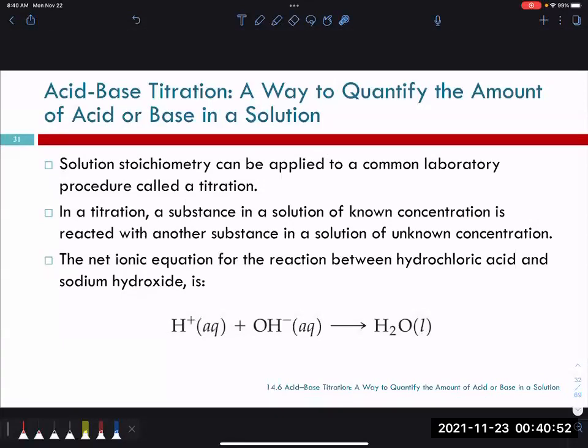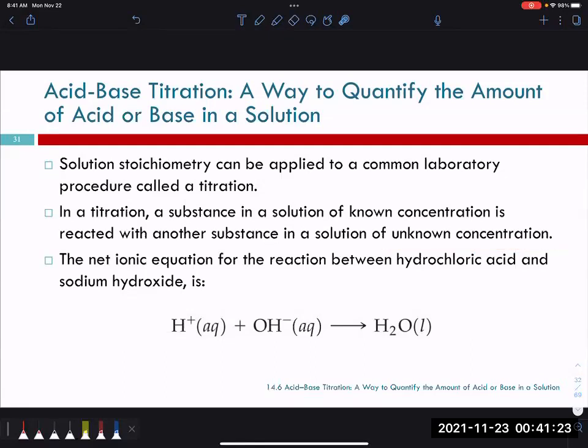Titration is a very convenient way to quantify the concentration of a solution. It doesn't have to be an acid, it doesn't have to be a base. In this class and in Chem 20, it's primarily acids and bases. But the core concept is that we have a substance in a solution of known concentration, and we react that with another substance in solution of unknown concentration.